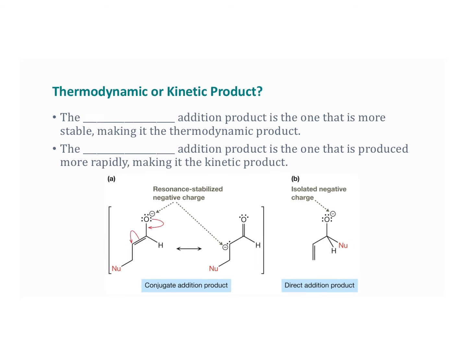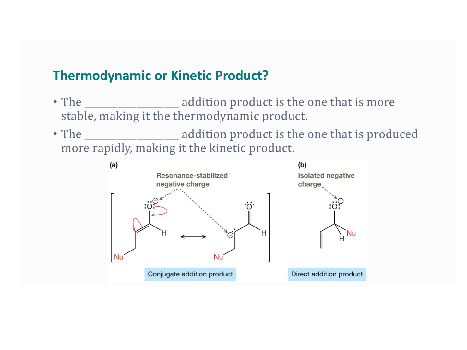So generally speaking, the conjugate addition, which is the 1,4 product, is the one that's more stable, and that means it's the thermodynamic product. And the direct addition, which is the 1,2, is the product that's made more rapidly, and that's the kinetic product.